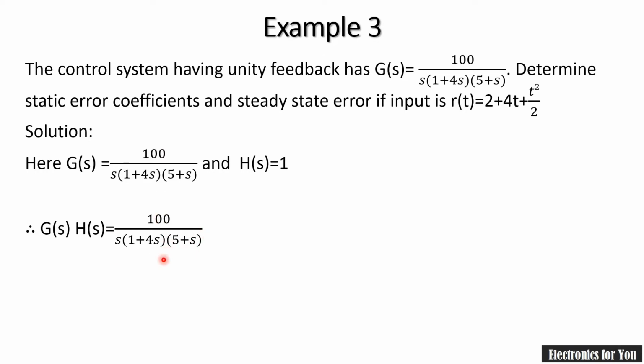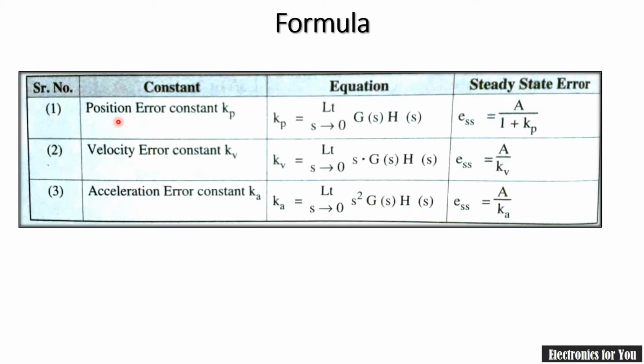We will use this term for finding the static error coefficient, generally called the error constant or static error constants. We have three different static error coefficients: the positional error constant, velocity error constant and acceleration error constant, represented by Kp, Kv and Ka respectively.